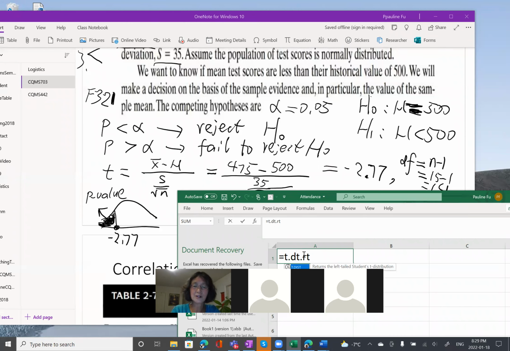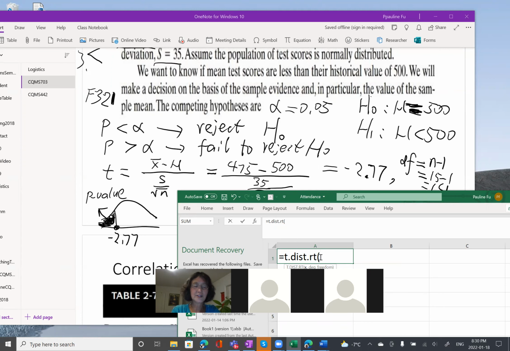The reason is that Excel does not have a left tail, LT. Excel only provides either .RT or .2T. .2T means two-tailed, but our test is one-tailed. So I have to choose RT.